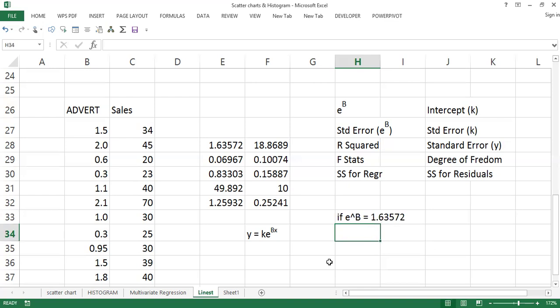What does that mean? That simply means that b is equal to the natural log of 1.63572.